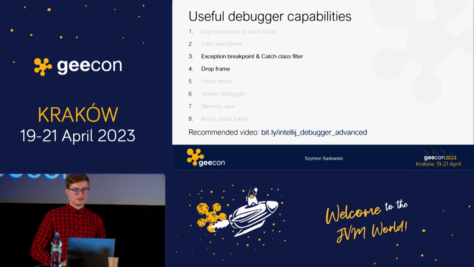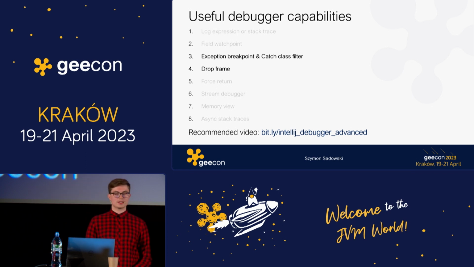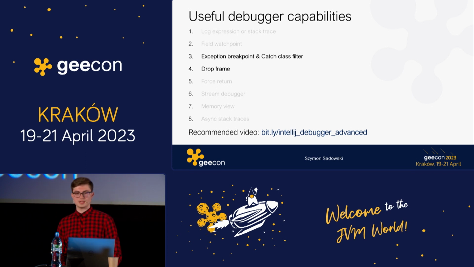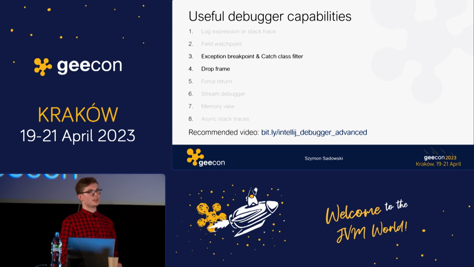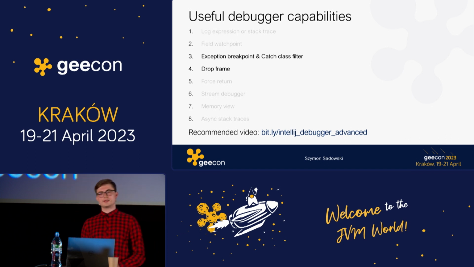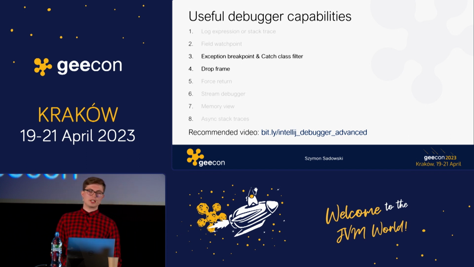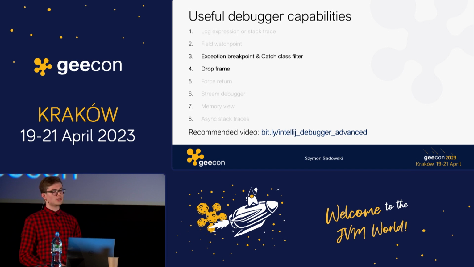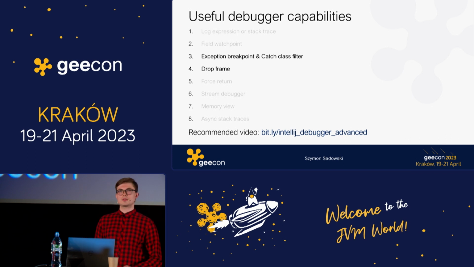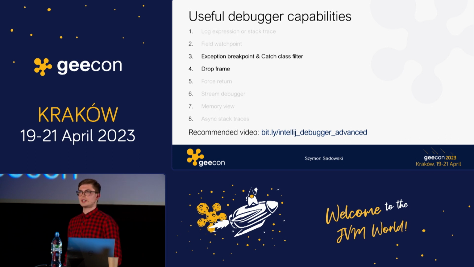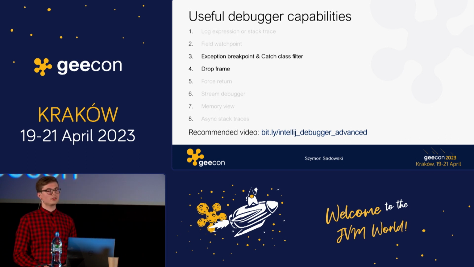Before we do that, I would like to discuss a couple of useful debugger capabilities that can help us in this case. I highlighted the two that I think will be most important for this use case. The first one is the exception breakpoint, which you might be tempted to replace with an alternative like setting up a breakpoint in a catch clause.